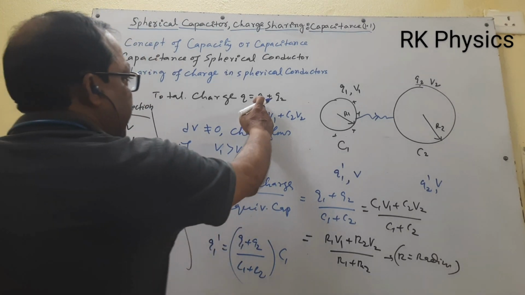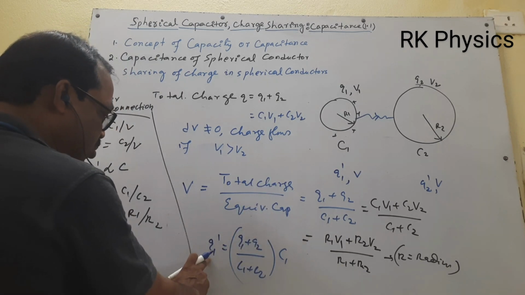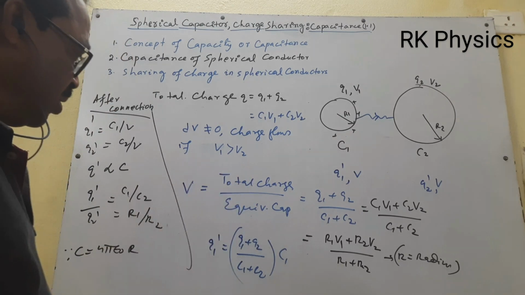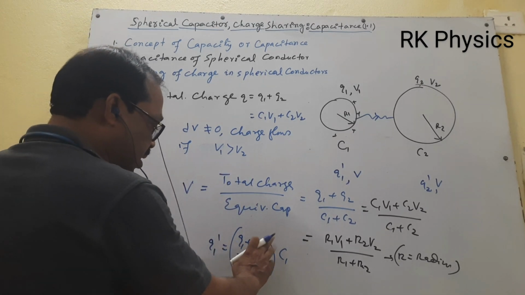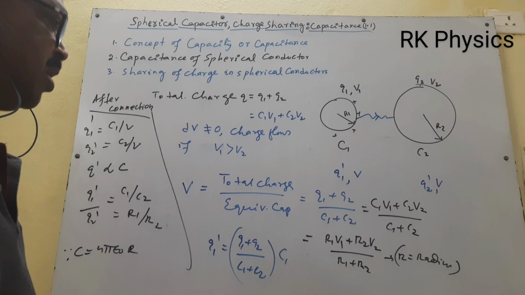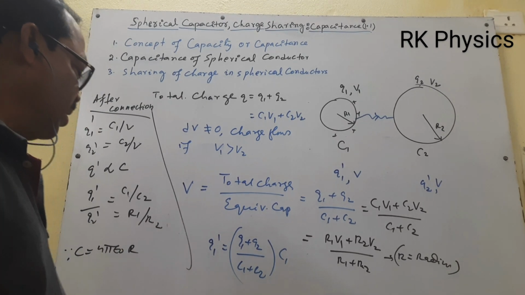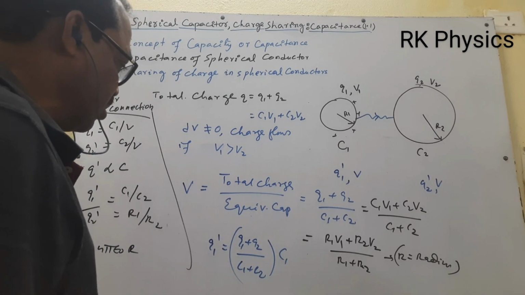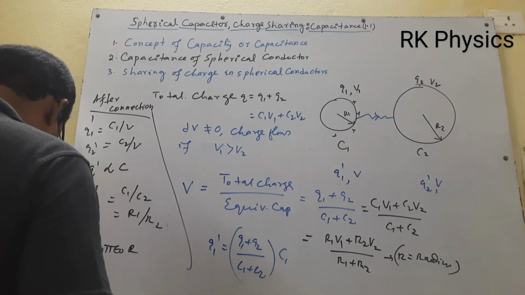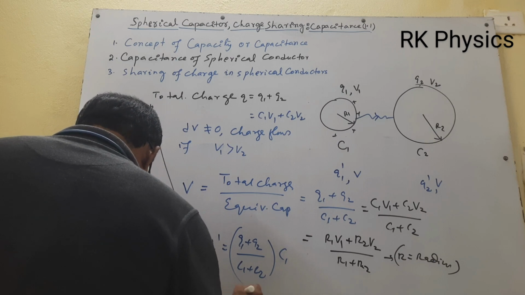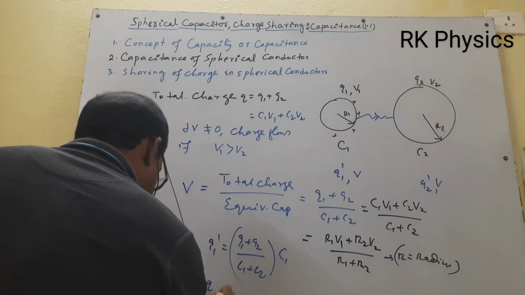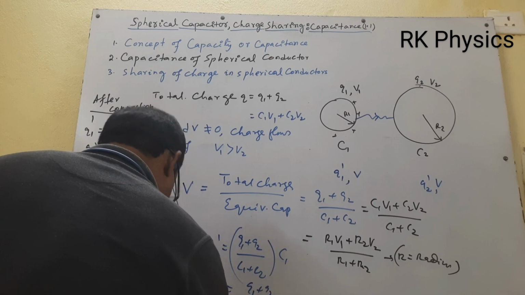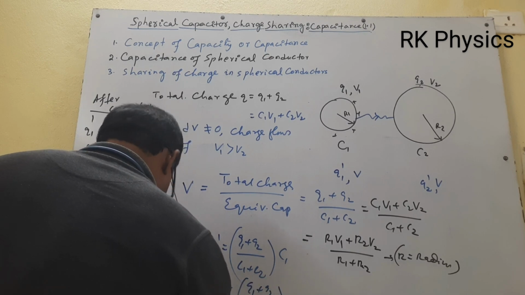If Q1 is given and Q2 is given, then how can you calculate the charge of the individual capacitors if the initial charges and capacitances are given? In that case, you write Q1 prime equal to total charge divided by equivalent capacitance, into the capacitance of the first one. Similarly, Q2 prime is Q1 plus Q2 divided by C1 plus C2, into C2.